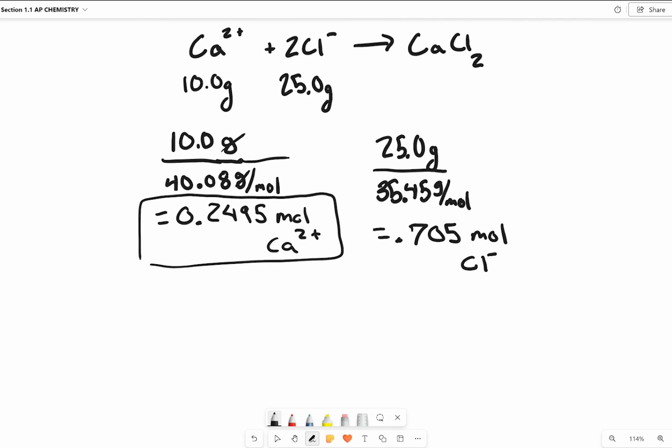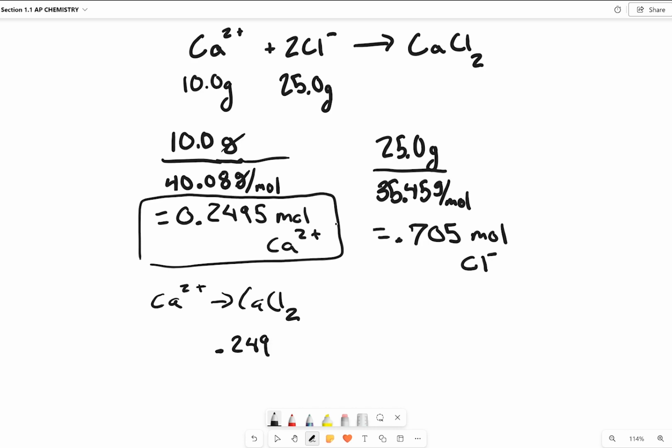We know for every mole of calcium 2+, we're going to make 1 mole of calcium chloride. So if we have 0.2495 moles of calcium ion, we're going to make 0.2495 moles of calcium chloride.